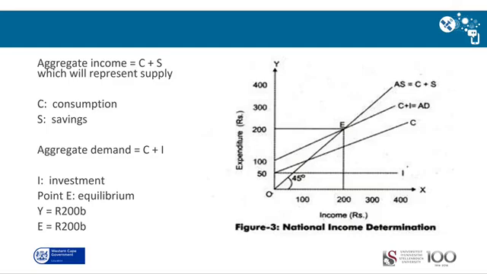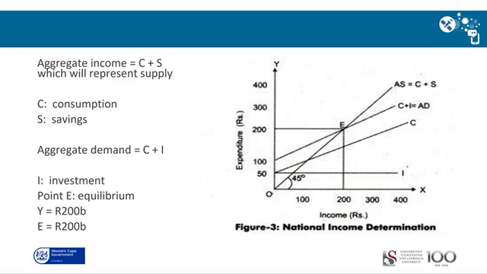Another term that we use for this line is the line of equilibrium, because anywhere along this 45-degree line, the economy will be in equilibrium, and that also represents your supply. Your supply is your C plus your S. Please remember, C is consumption and S is savings.